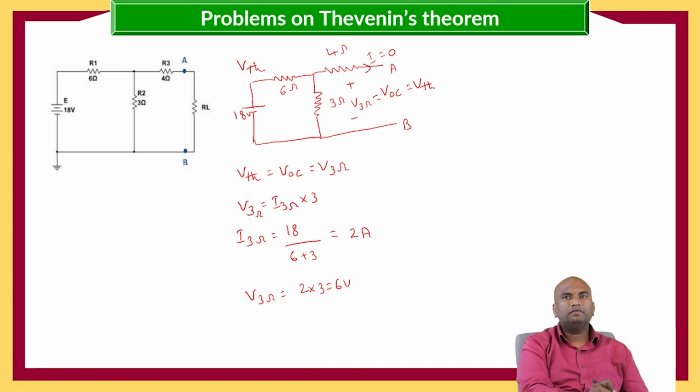Now we got V 3 ohms as 6 volts, and this is nothing but the VTH.